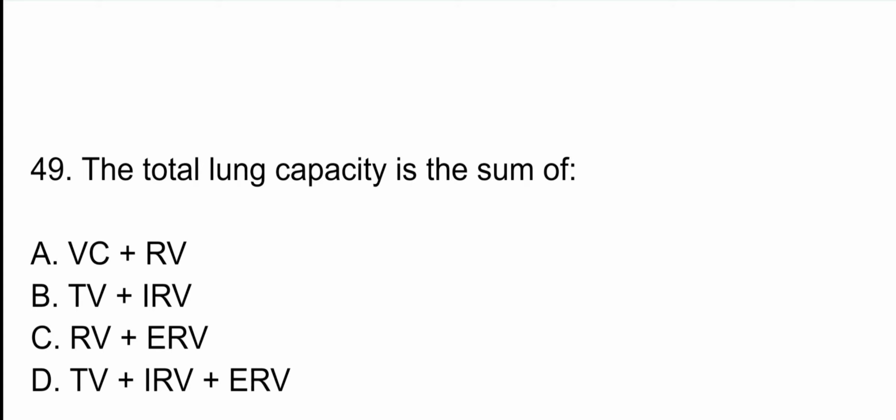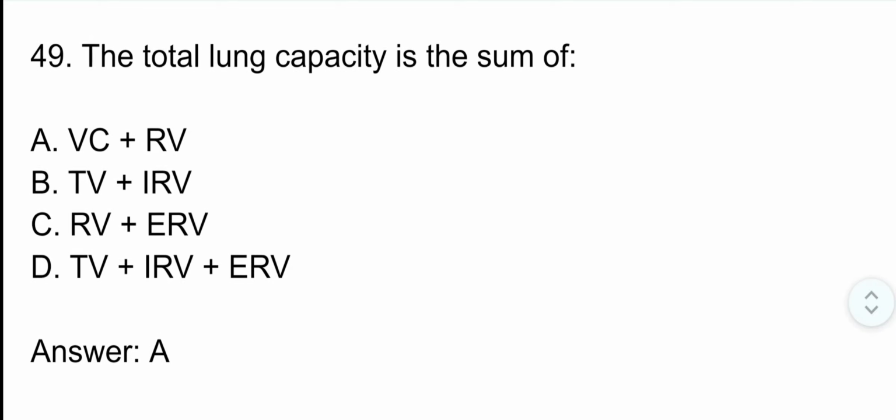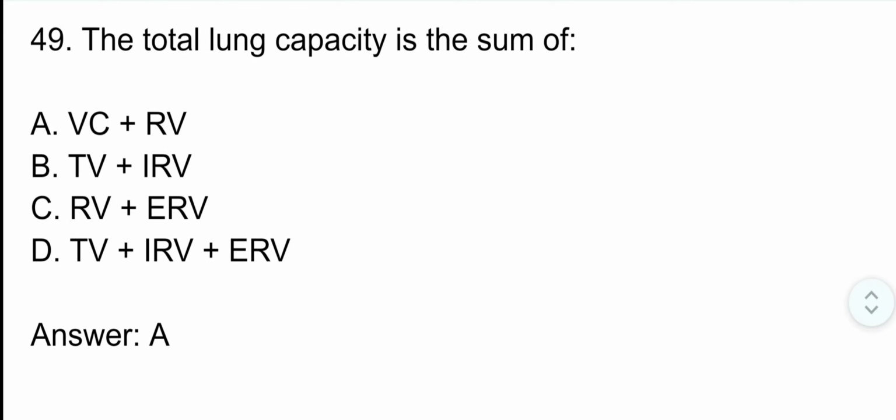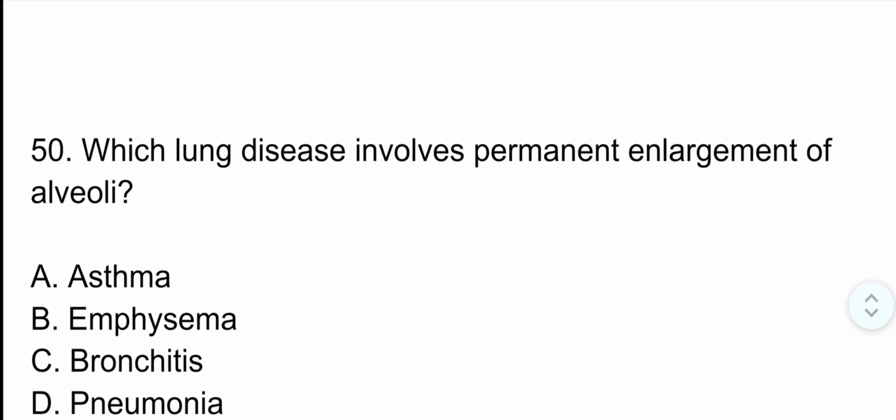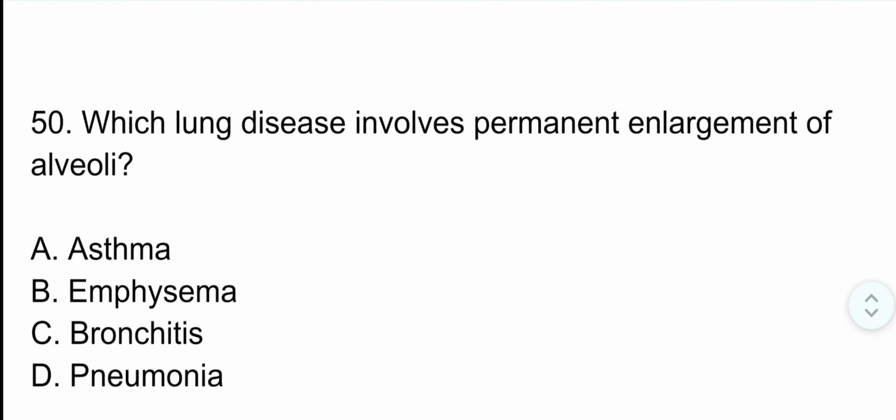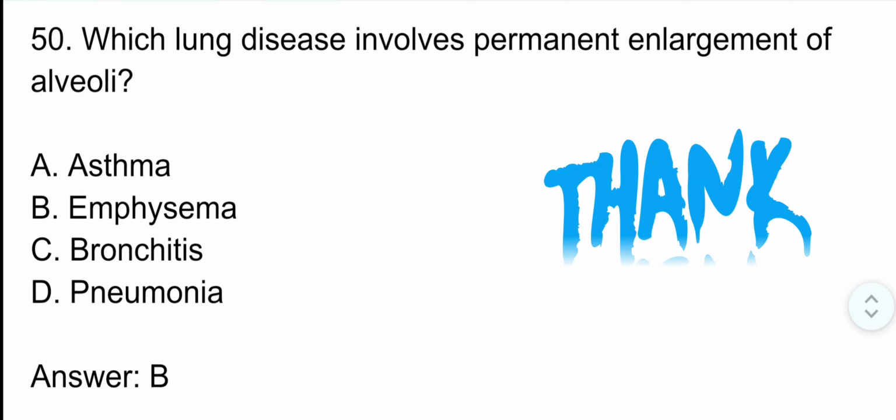The correct option is option A, vital capacity plus residual volume. Vital capacity means tidal volume plus inspiratory reserve volume plus expiratory reserve volume. Question number 50. Which lung disease involves permanent enlargement of the alveoli? The correct option is option B, emphysema.